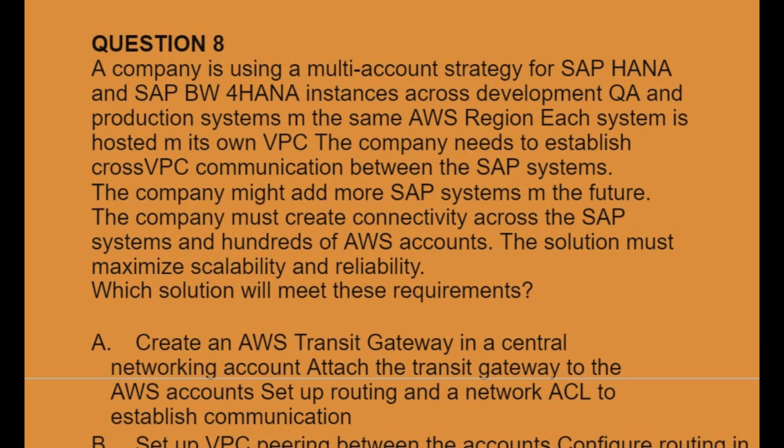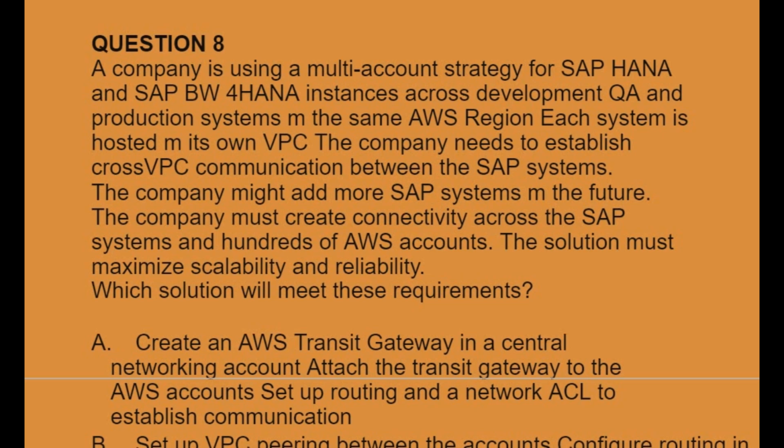Question is, a company is using a multi-account strategy for SAP HANA and SAP BW for HANA instances across development, QA, and production systems in the same AWS region. Each system is hosted in its own VPC. The company needs to establish cross-VPC communication between the SAP systems.